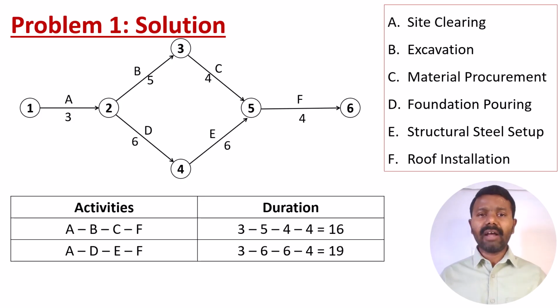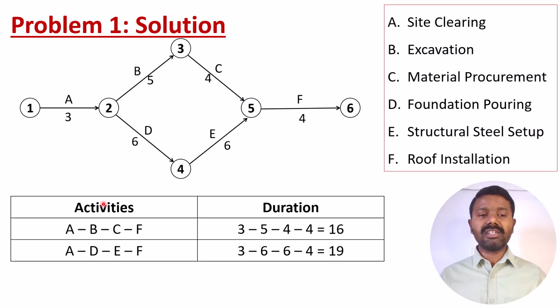The critical path is the path which will take maximum time in the network. So this is the starting point of the entire model or the project, and 6 is the ending point of the project. So from starting to ending, these are the network model. In this network model, whichever path is taking the maximum time, that is nothing but the critical path.